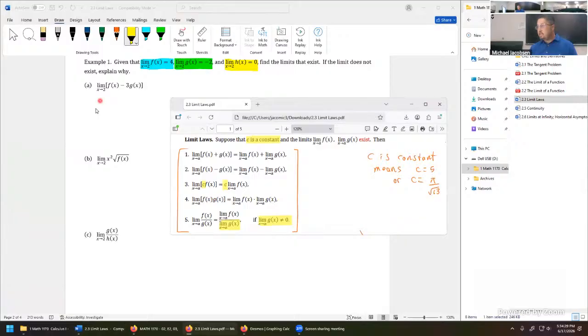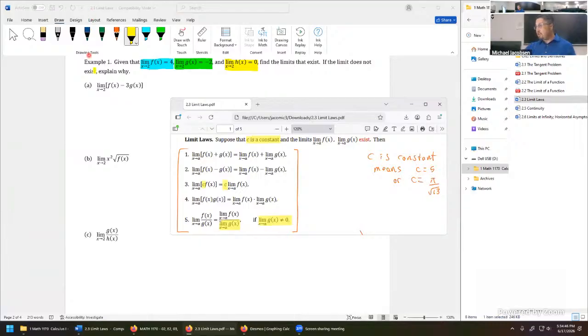So on part A, the way we would probably break this one down is involve limit law number 2. Limit law number 2 says if you're subtracting two different limits, one function here and a constant multiple of a whole other function, you can just split this in two.